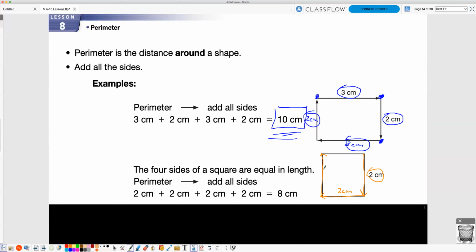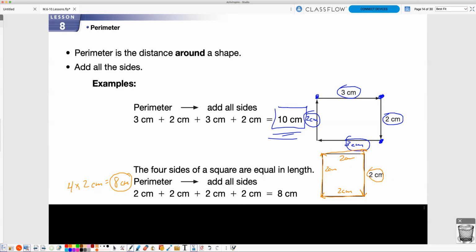This one's 2 centimeters. And this side is also 2 centimeters. So once you've got that down, you can see that it's 4 sides times 2. You could think of it that way. 4 sides times 2 centimeters equals 8 centimeters just to find the perimeter.